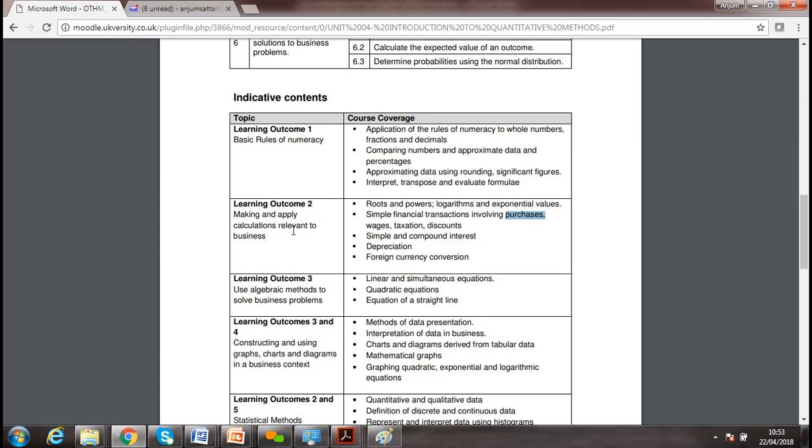Okay. What is meant by compound interest? Compound interest is the collective interest that's charged each year.